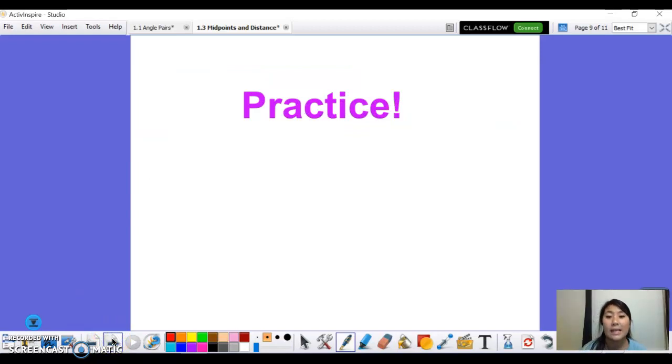So your practice is a coloring worksheet. It is, I believe, 12 questions, and the worksheet itself is strictly on distance. So it gives you 2 coordinates, and it gives you 2 options for distance to choose from. So you'll work all 12 out to do distance, and then you can color, but you also have to do the midpoint.